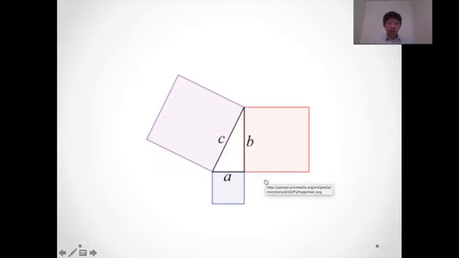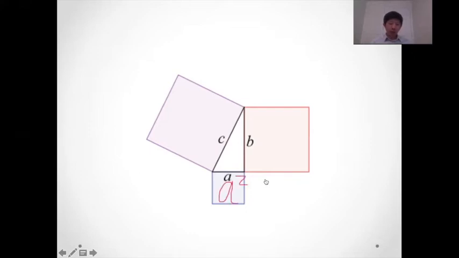Next, you want to take a look at this picture. This is a right triangle, okay? We have a leg, we have a leg, and then we have c as the hypotenuse. Now you can see in this picture, if we take a and make a square, that would be a square.